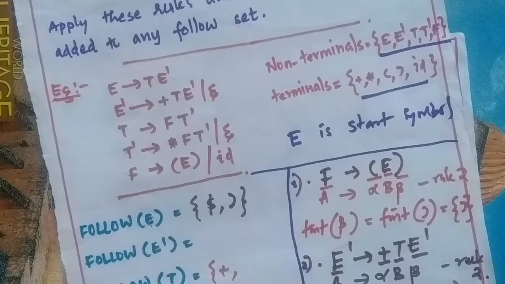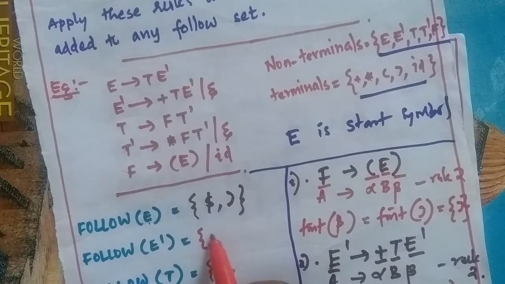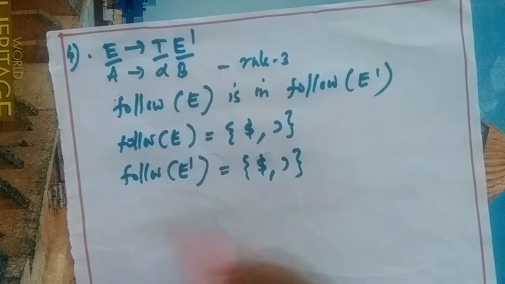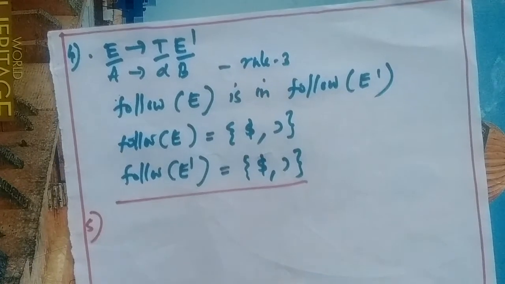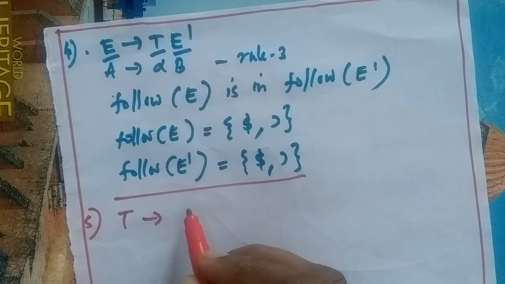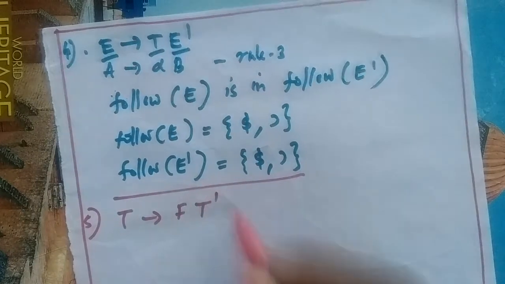We can write here that follow of E dash contains dollar and right bracket. Then the next one, the fifth procedure: look at T gives F T dash.